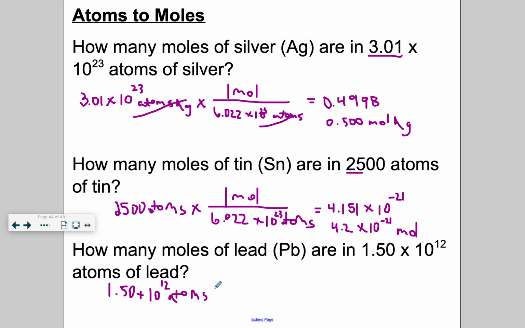Sorry that I'm not writing lead or tin well. This penmanship is just not ideal. Okay, so because I'm in atoms, Avogadro's is going to go on the bottom. 6.022 times 10 to the 23rd is equivalent to 1 mole.